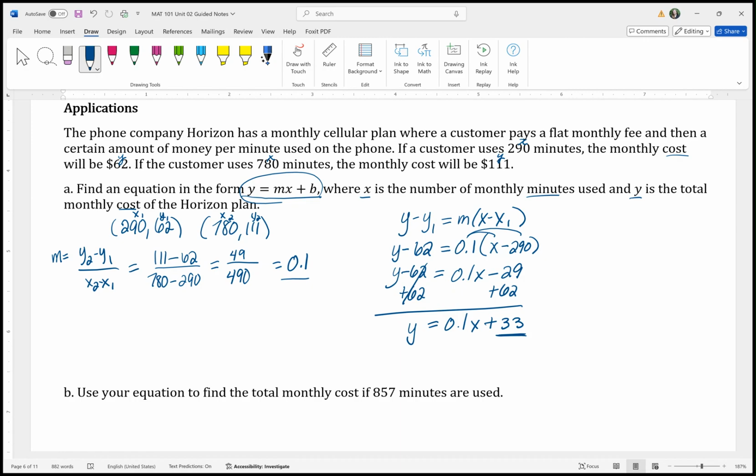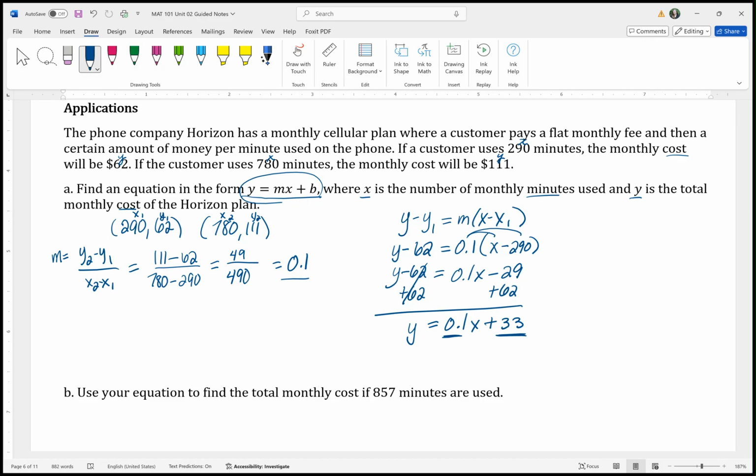No matter how many minutes they use, they are paying $33 regardless. And what is the slope representing? You have to think a little bit more about that. It says a customer pays a flat monthly fee and then a certain amount of money per minute used on the phone. So this is basically charging 10 cents per minute. That is what the slope is representing.